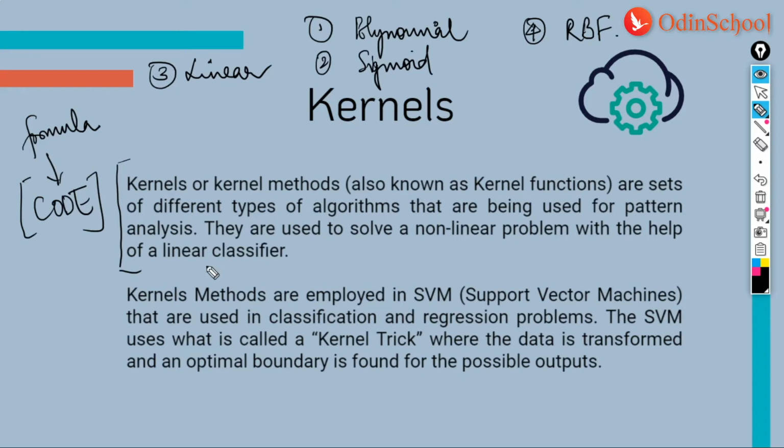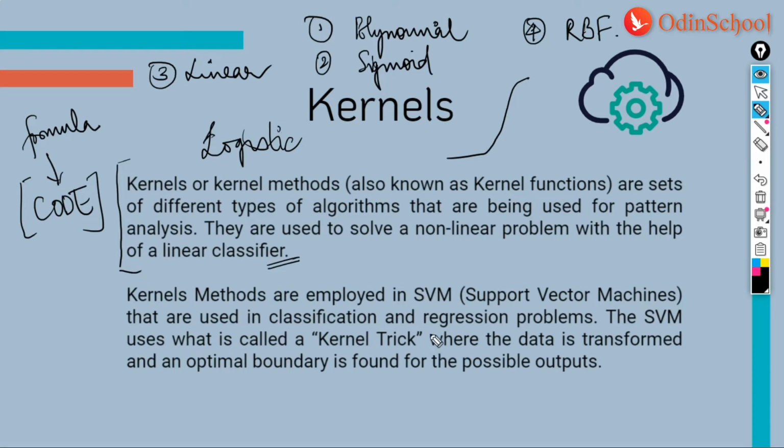So these are a set of different types of algorithms that are used for pattern analysis. All right, and they are used to solve non-linear problems with the help of a linear classifier. Now, is this something very similar to logistic regression? Because even in logistic regression, we can solve problems which are linear in nature using a linear classifier.